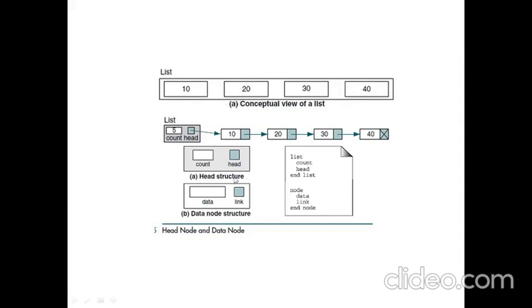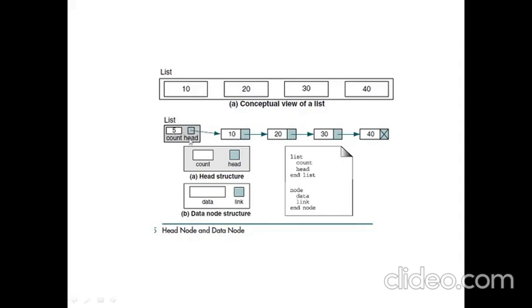But internally this is how it is implemented: you have a head pointer or a head node which contains 2 values, count and the link pointer or the head pointer. The count is nothing but the number of elements that are currently in the list, and head contains the address of the first node.